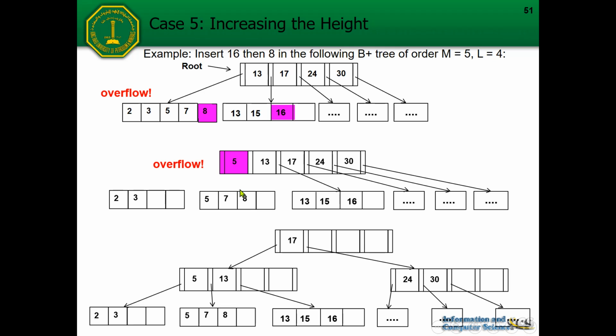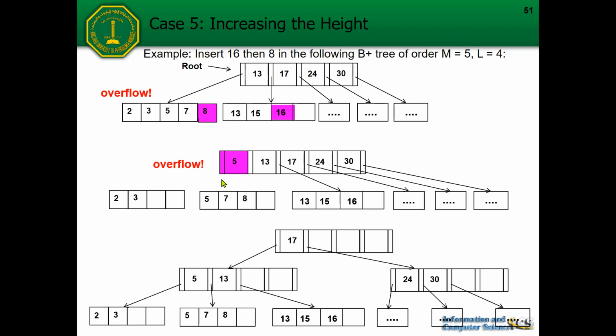Then, again using a similar procedure as before, we borrow the smallest key in the right child and put that as the new key in the parent. So 5 is promoted to become the key in the root. But you cannot delete 5 in this case, because this node is a leaf node, not an internal node.